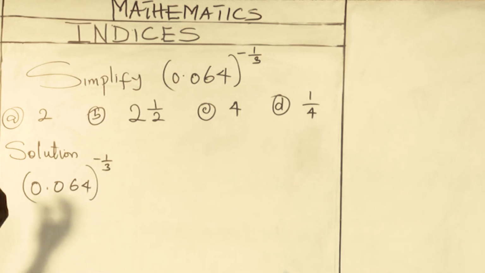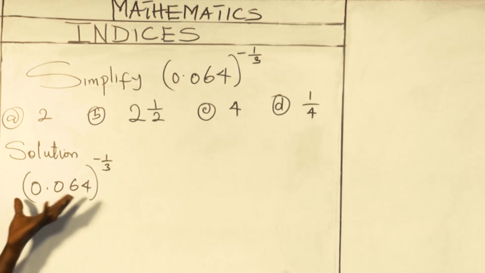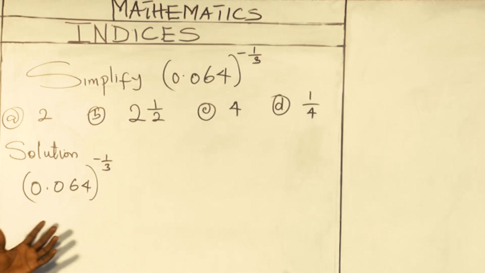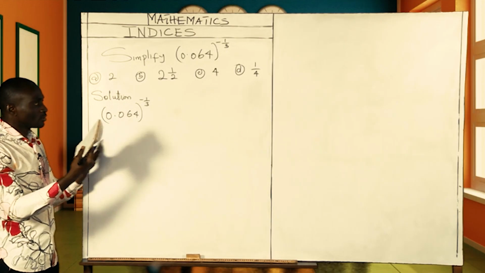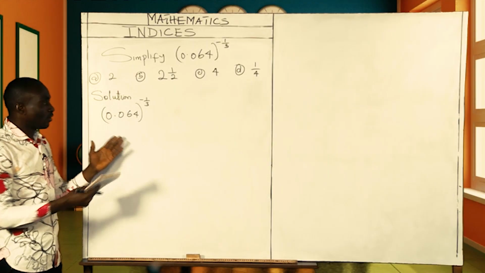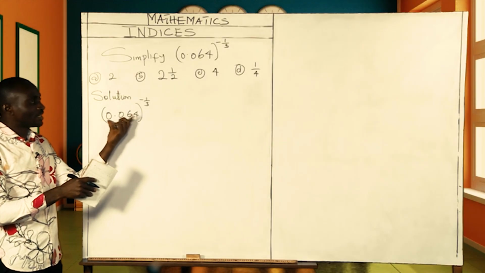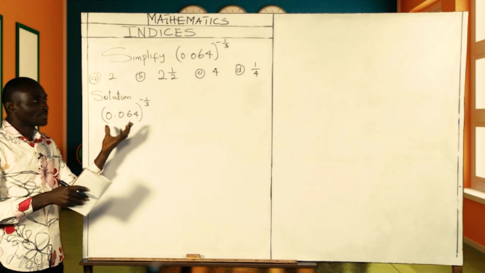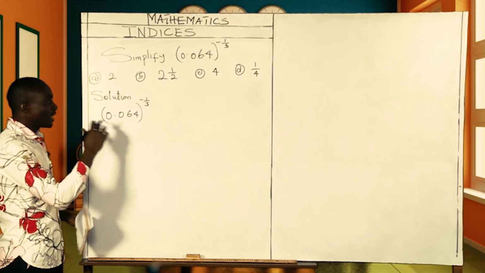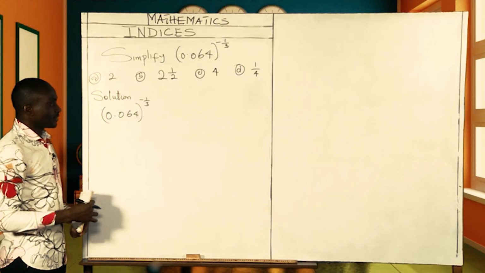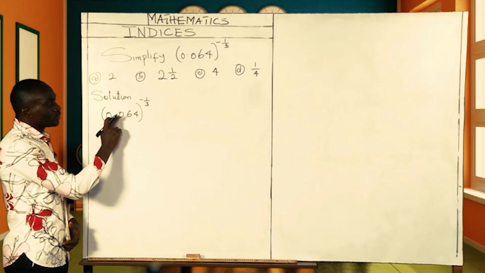It is a decimal number, so it is not going to be easy for us to go further unless we change this decimal number to a fraction. We have 0.064.